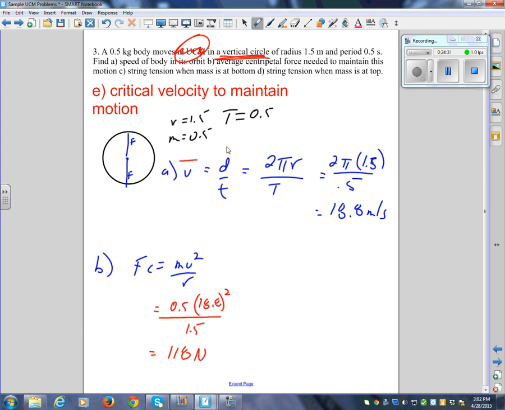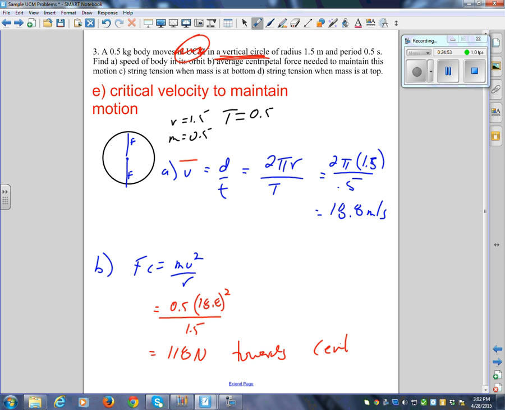Is there anything in the question about north, south? Nothing like that. So what are our options? Horizontal, no. Up and down. Towards the center is the correct answer. The centripetal force is towards the center.